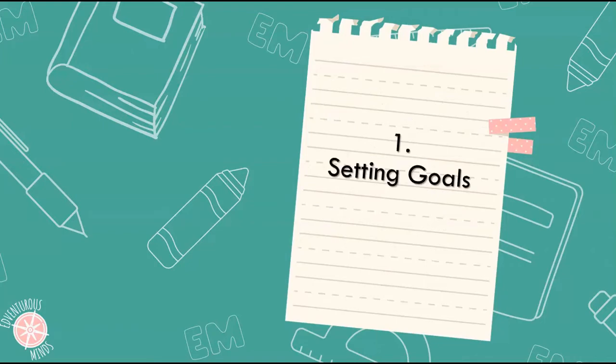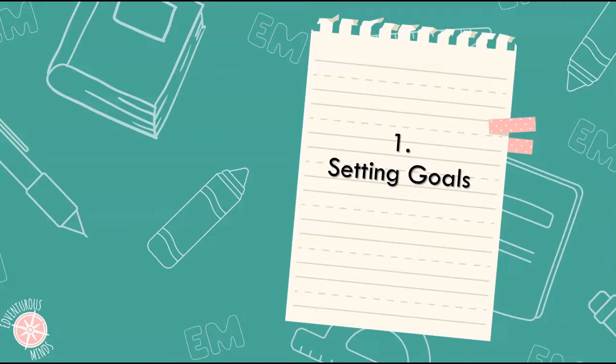All right, let's talk about the first one. The first one that John Hattie and Robert Marzano talk about is this concept of setting goals. We all know how important it is for students to set their own learning goals, both short term and long term.